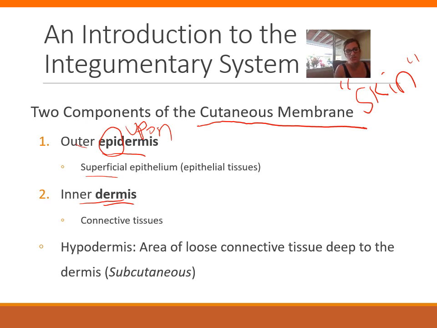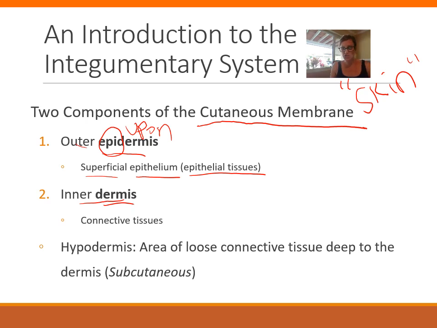Now, we sometimes describe the epidermis, this outer layer, as a superficial epithelium. Superficial because it's the most superficial part of the body, the outermost part of the body. And it is an epithelium, a layer that's made out of epithelial tissue.